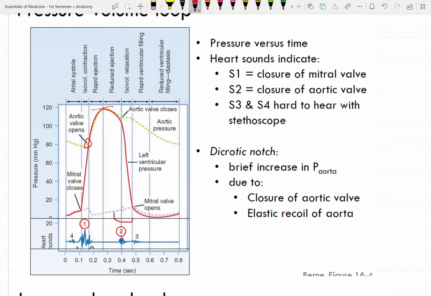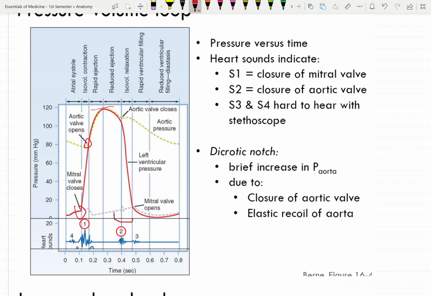The closure of the mitral valve will start the systole part of the cardiac cycle. So S1 is right here, right before the aortic valve opens. I think I said it perfectly then.